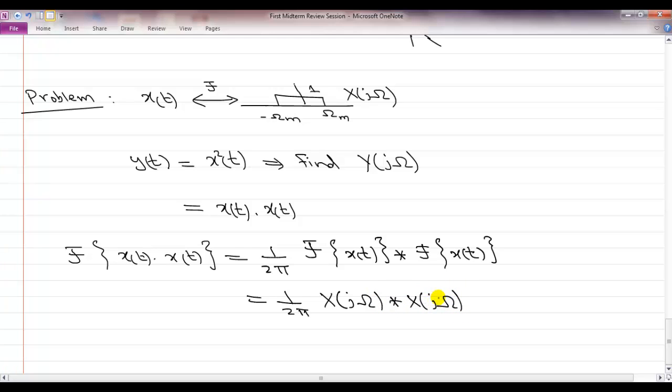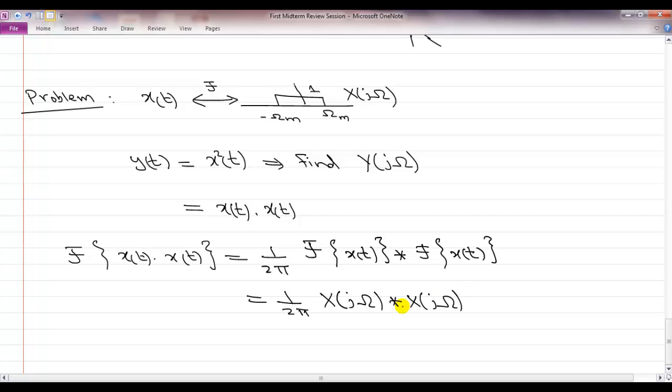And I hope that in your linear systems course you did enough exercise of convolving two box functions. If you did not, then you should just use the definition of convolution to prove that what you get is just a triangle. The convolution of boxes is a triangle.